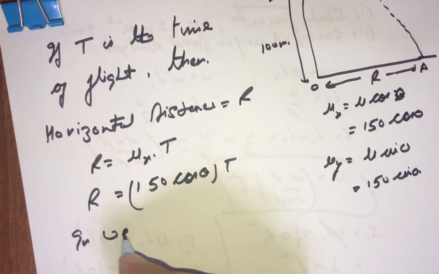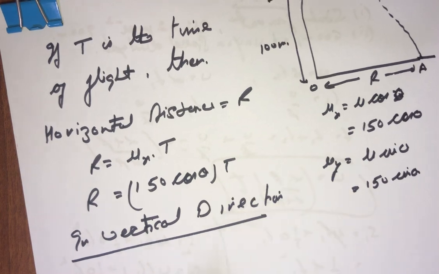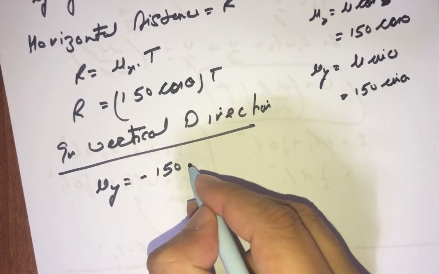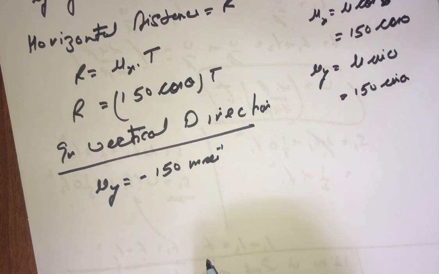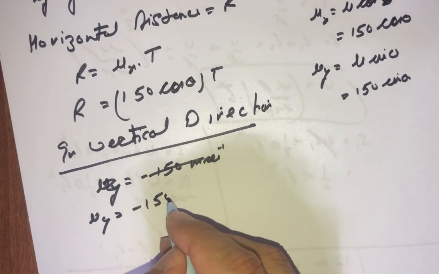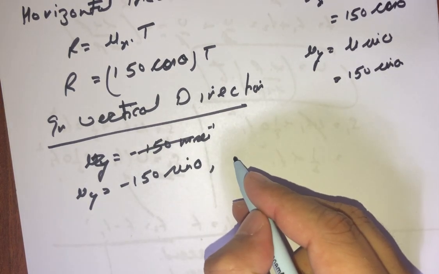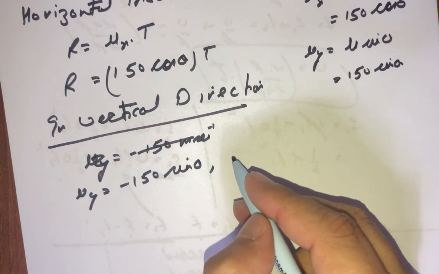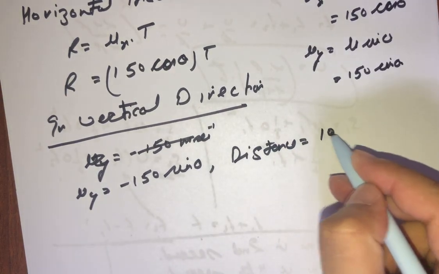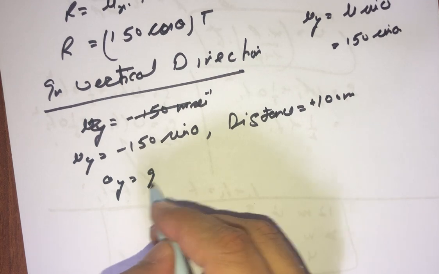In the vertical direction, we can take u_y as minus 150 sin theta meters per second, and the distance it is going to travel in the vertical direction will be plus 100 meters, and acceleration due to gravity equal to plus 10.